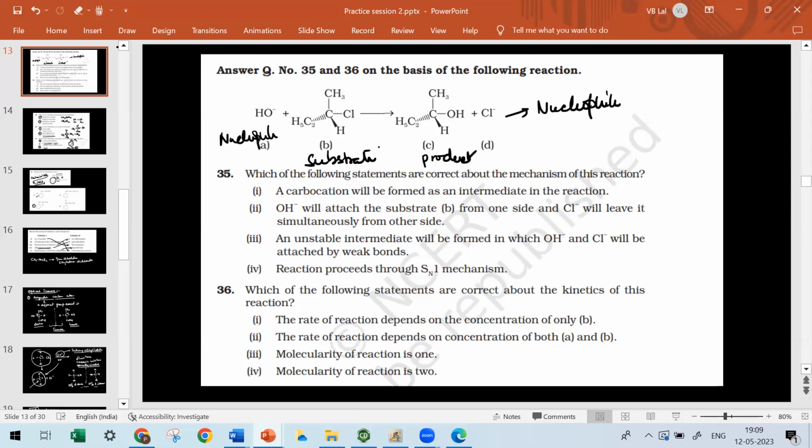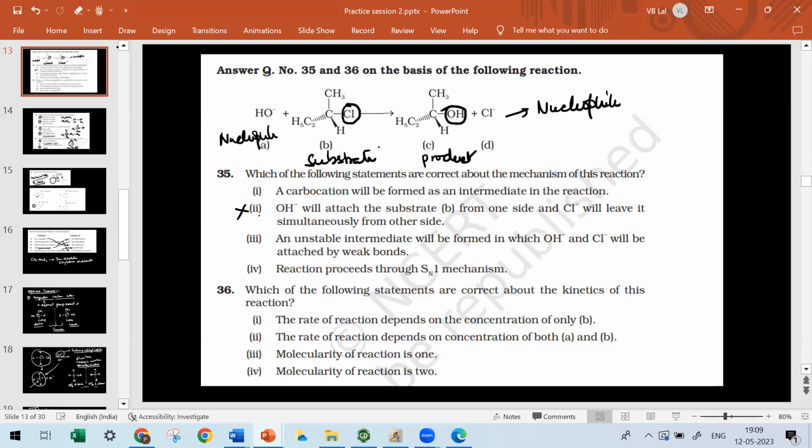Look carefully. The Cl has gone from this side, and OH has also come on the same side. It has not come on the back side. This rest of the molecule, the position of bonds, has not changed at all. So 2 is not the option. Now think of the remaining.